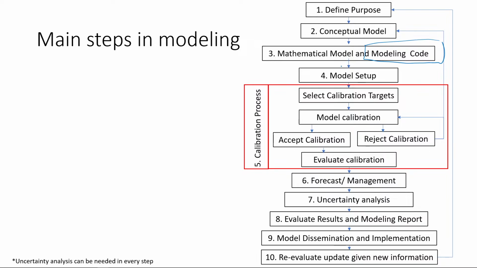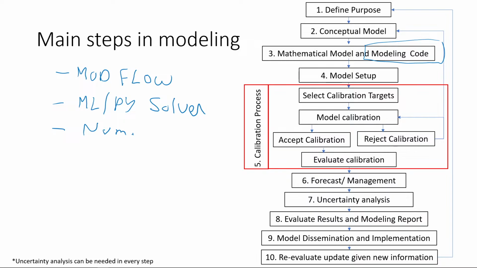That's the modeling code. To solve it, you can use an off-the-shelf tool like MODFLOW, or you can solve it numerically using a solver like MATLAB or Python, or you come up with your own numerical method. That's basically the modeling code.